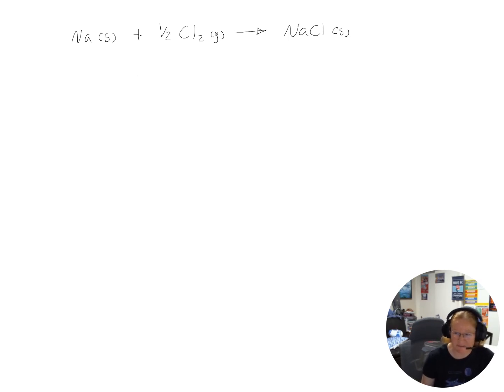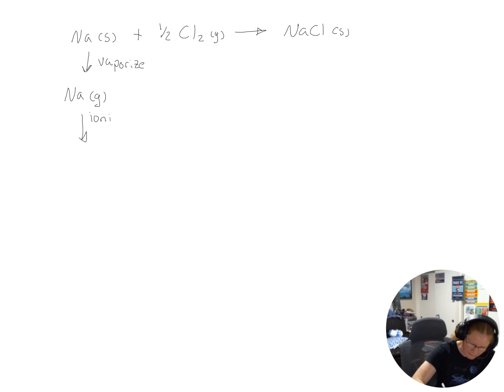Remember, we're doing this from gaseous things, so I need to make this gaseous, so I need to vaporize. Then I need to make an ion, so I need to ionize. Now I'm going to make that cation, so I need my ionization energy.